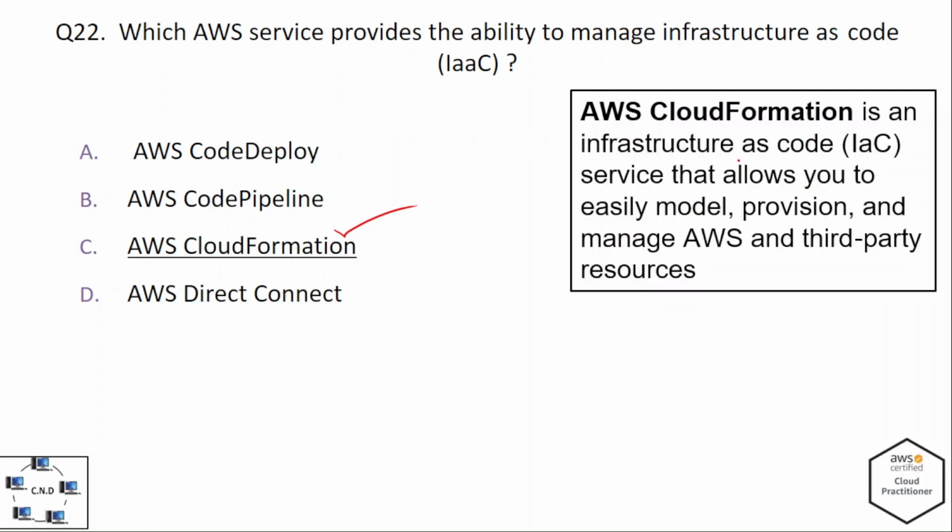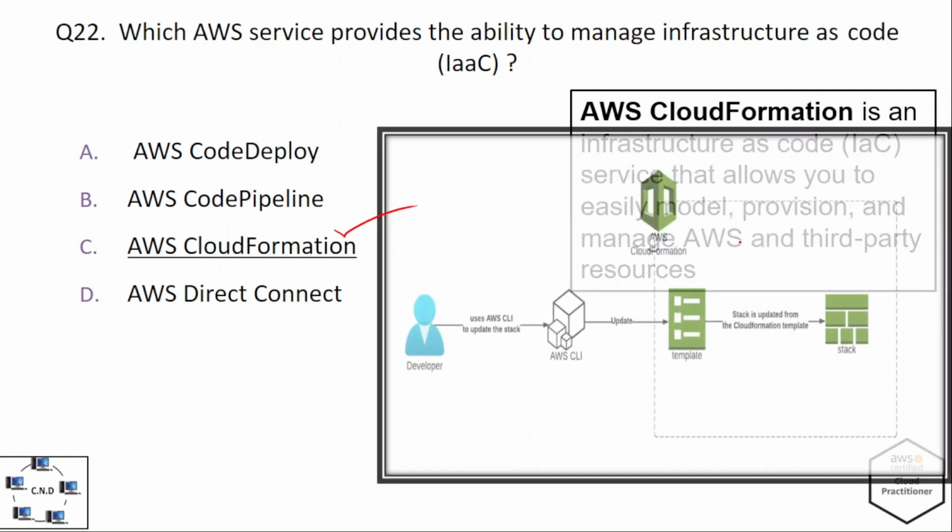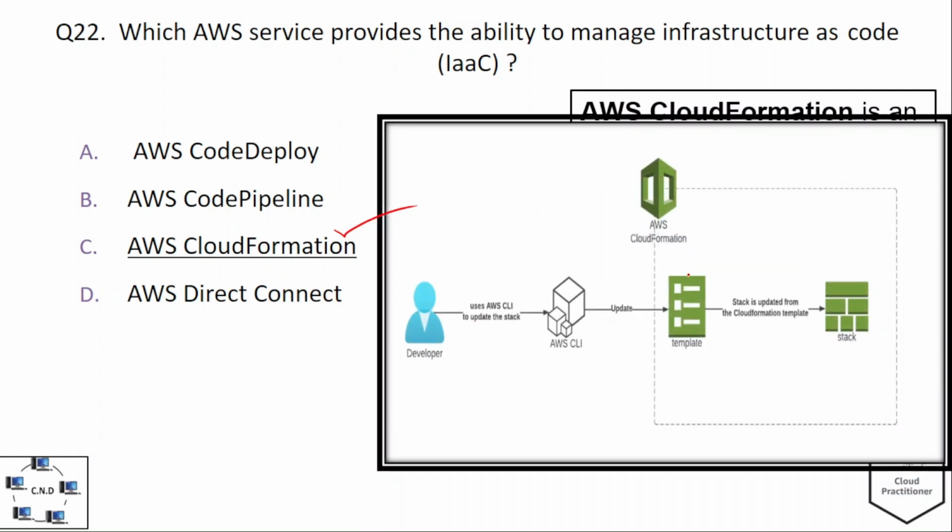is an infrastructure as code service that allows you to easily model, provision, and manage AWS and third-party resources. Let me display the visual. So here we can see, using CloudFormation, the developer just writes the code using the AWS CLI and the CloudFormation templates.